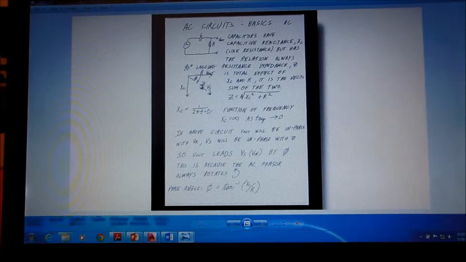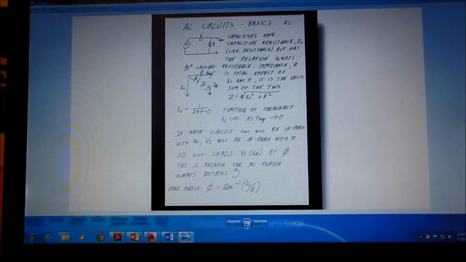And what we are looking for in these circuits, or what the class looks for, is the relationship between the input signal and the output signal. So here the output signal is going to be across the resistor, and the input signal over here is going to be across this total impedance.